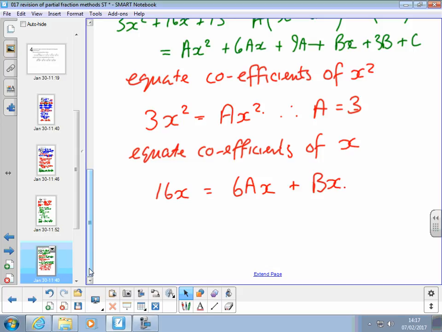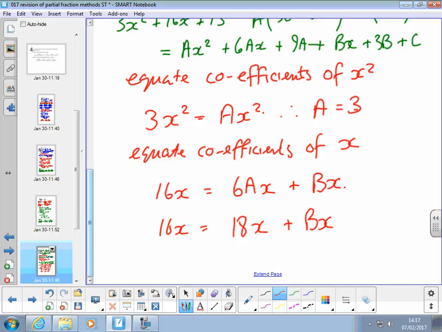We know what A is, so 16x is equal to 6 times 3, which is 18x, plus Bx.